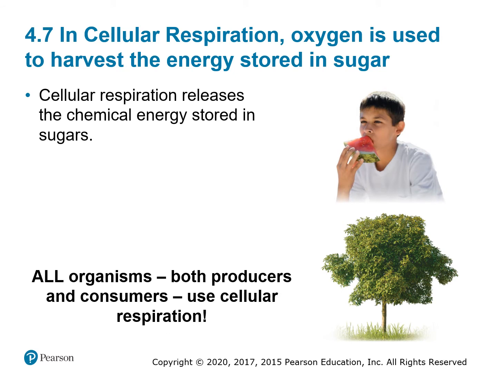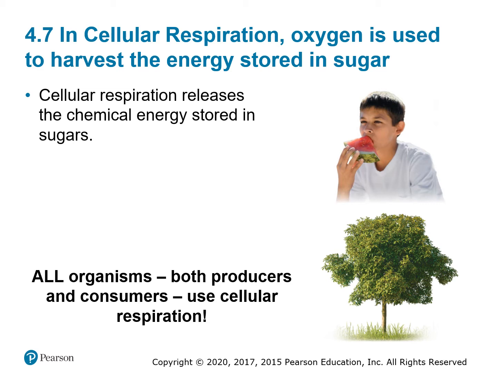In cellular respiration, oxygen is used to harvest the energy stored in sugar. We've already talked about how food is made up of chemicals, things like carbohydrates, proteins, or lipids. And remember, chemical energy is potential energy.